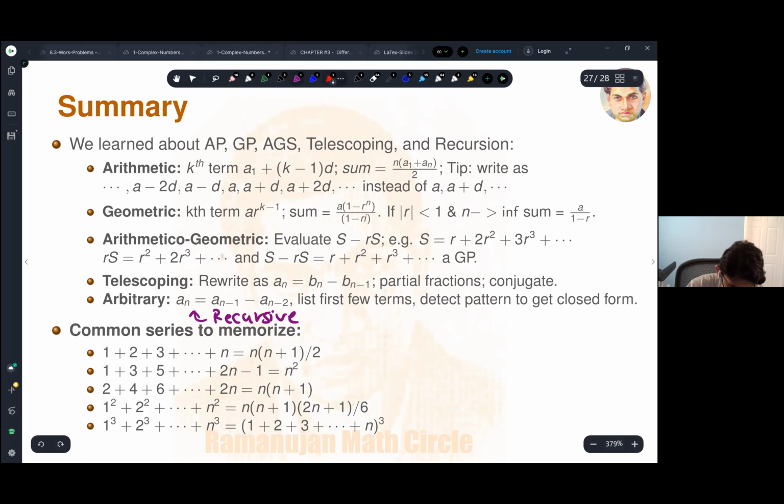In terms of memorization, in addition to the formulas that we discussed related to AGS and APGP, we want to memorize these as well: the sum of the first n terms, the sum of the first n odd integers, and so on, similar idea. So these are the ones that you want to memorize.